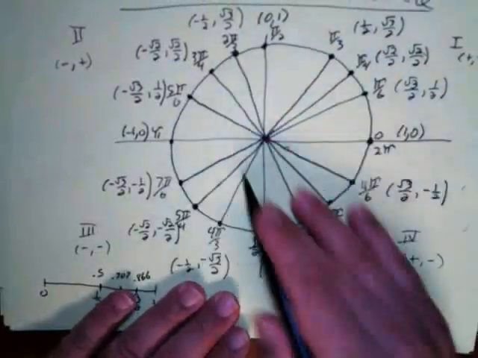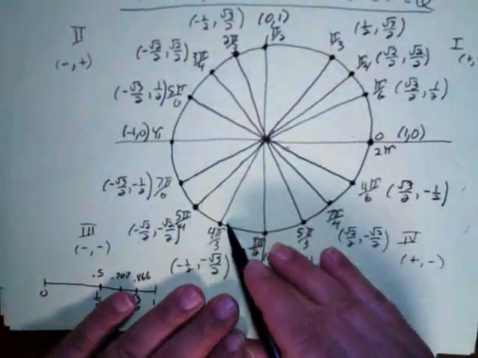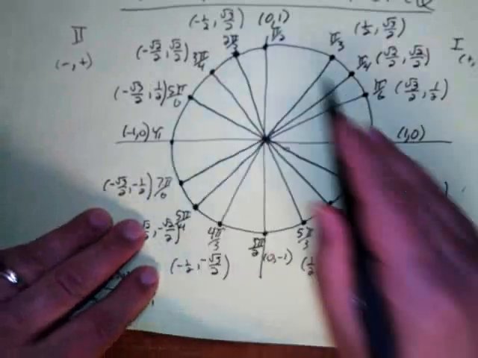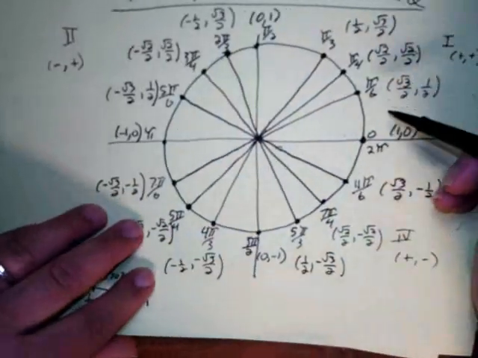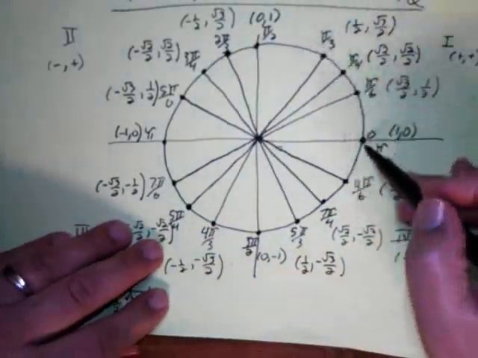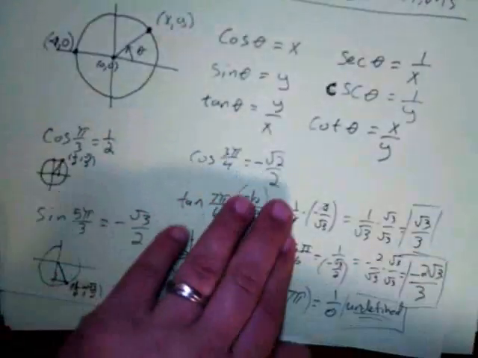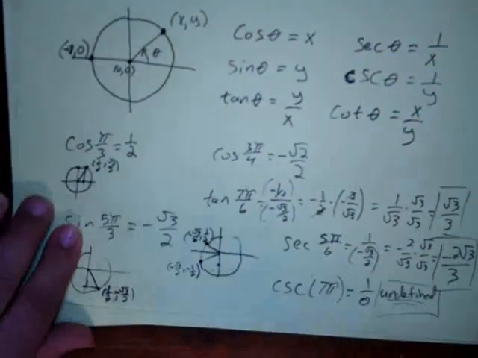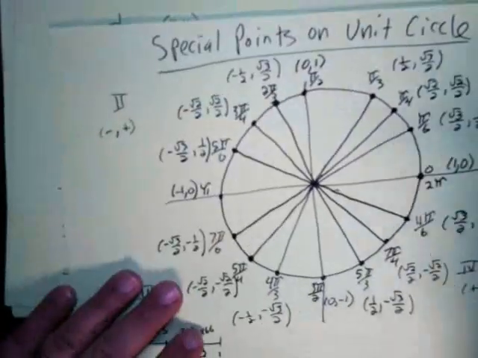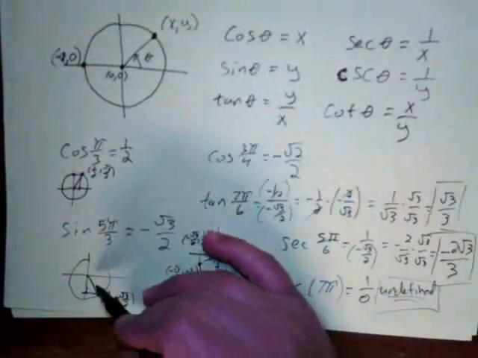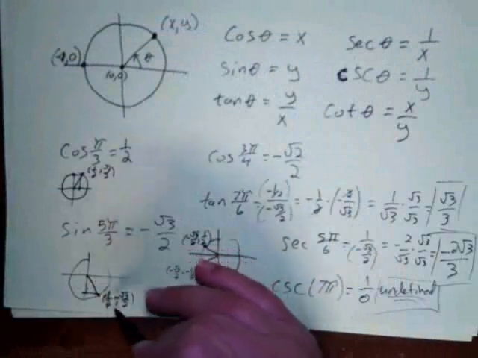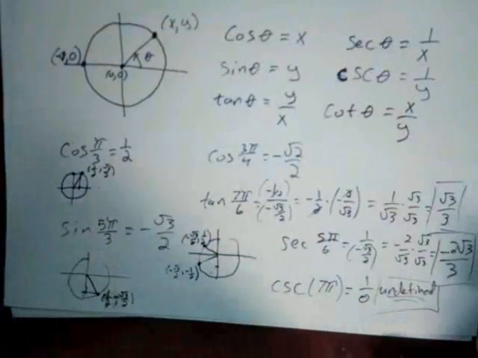You can spin around several times and stop at one of these angles that are coterminal. You can do the negative ones in this direction. And really, you just have a little bit of memorization as well as adjusting for signs. And then you can get a lot of trig values, not just solely from memory, but by drawing a little diagram and constructing it from your understanding of the unit circle.